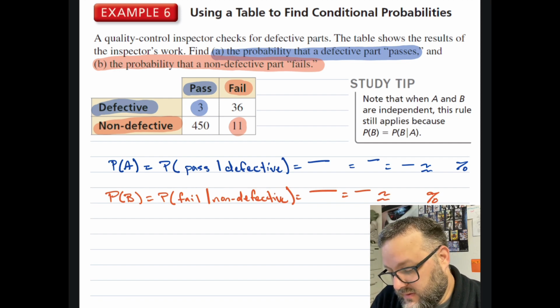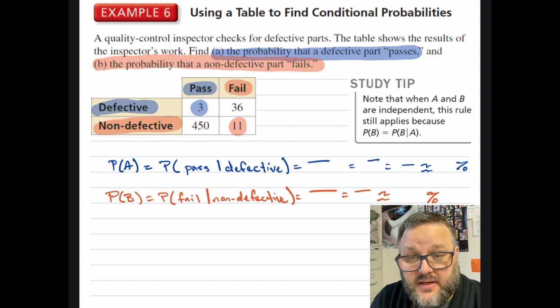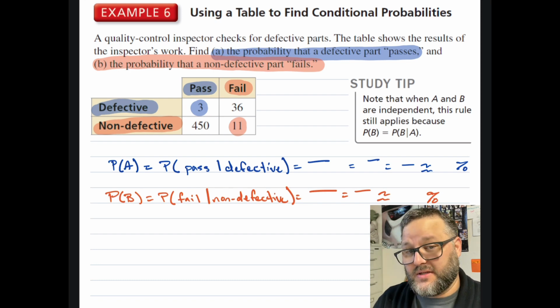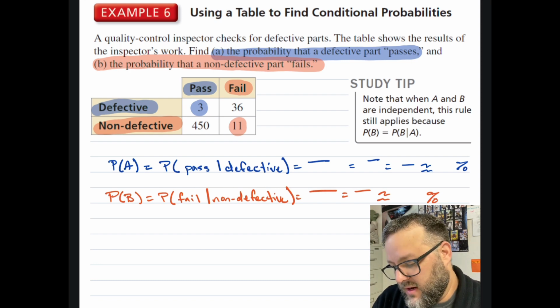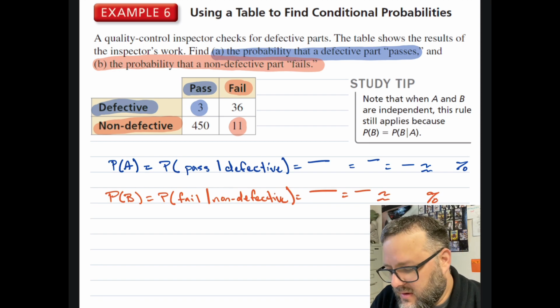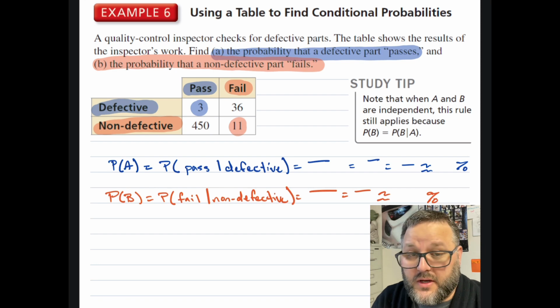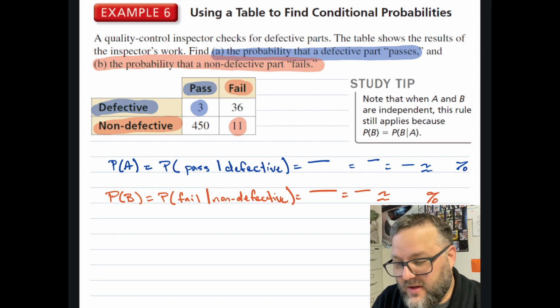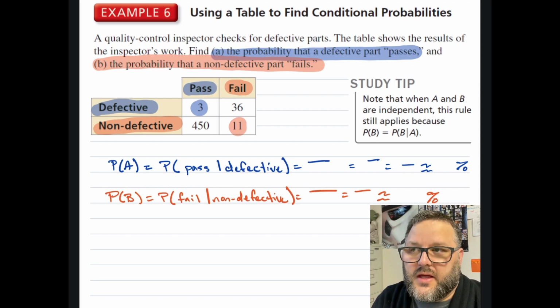And non-defective says that it does pass those tests. And sometimes there are non-defective items that fail the test, and there's defective items that pass the test. Non-defective that fails is the idea that it was working, it was the test itself that caused it to fail.